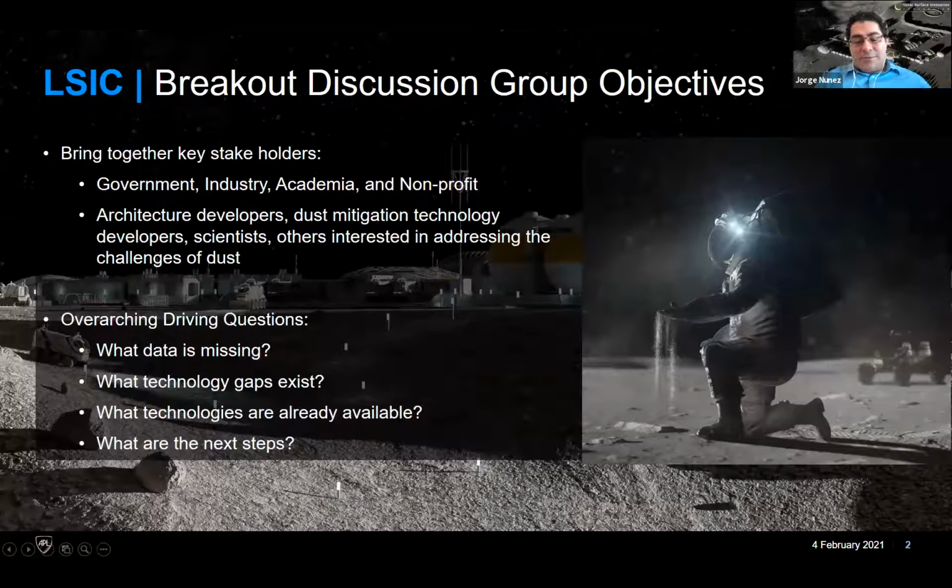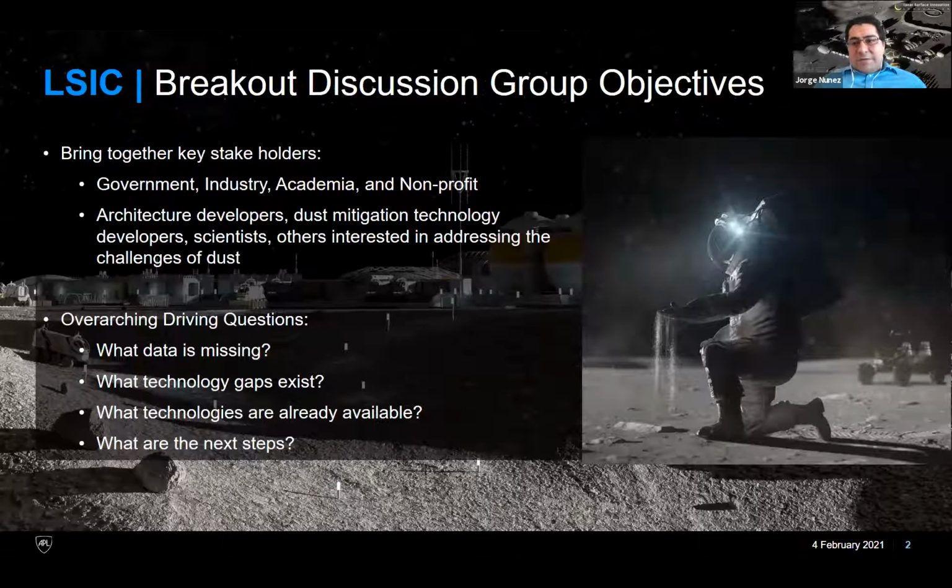We have a fantastic mix of folks who work on systems and architecture, and also folks who are developing those mitigation technologies that you saw here. But of course, we also have lunar scientists involved and other folks who are interested in dust mitigation or dust tolerance.